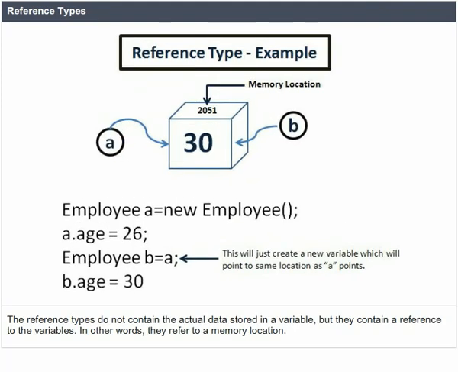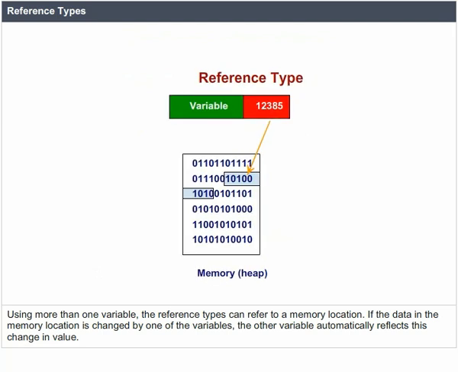Reference types. The reference types do not contain the actual data stored in a variable, but they contain a reference to the variables. In other words, they refer to a memory location. Using more than one variable, the reference types can refer to a memory location. If the data in the memory location is changed by one of the variables, the other variable automatically reflects this change in value.